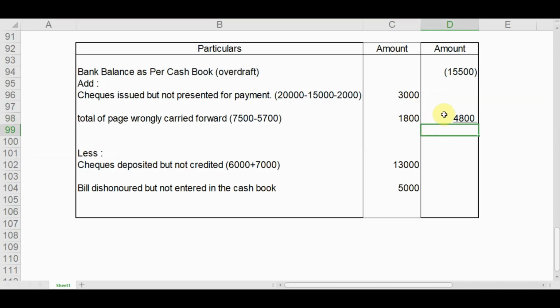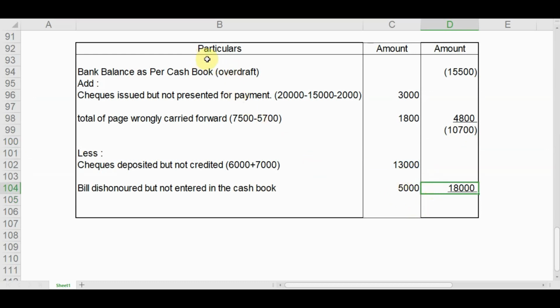And if we add this 4,800 with this negative 15,500, which is negative because we have written this in a bracket and this is the bank balance as per cash book, overdraft balance, the amount comes to 10,700 negative balance. Again, these two amounts will be added. The total of these two amounts will be 13,000 plus 5,000 equals 18,000.